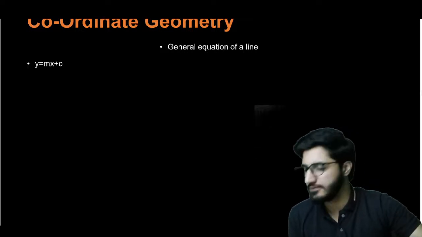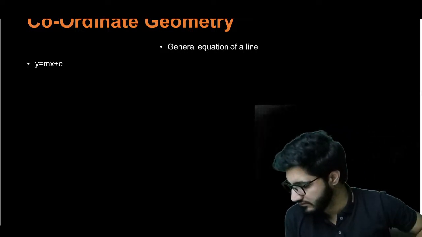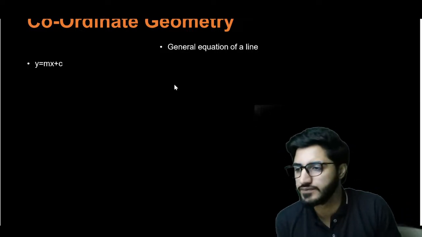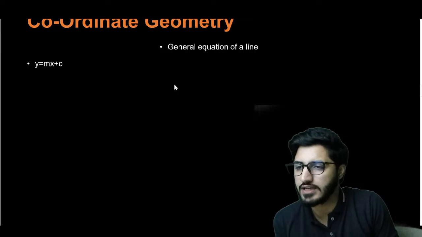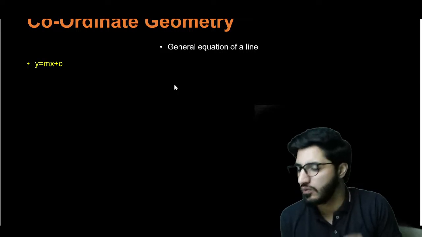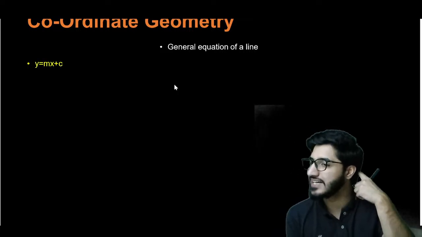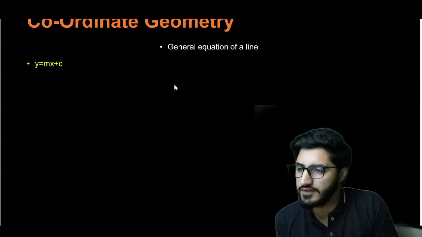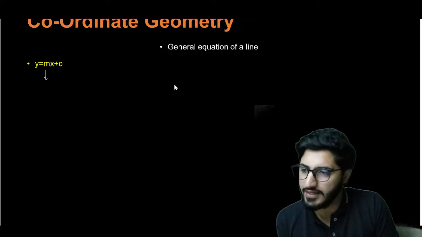Now we are having a general equation of a line. So this one is the general equation of a line, no? y equals mx plus c. This one is the general equation of a line, in which what is y? y is a coordinate. And what is m?